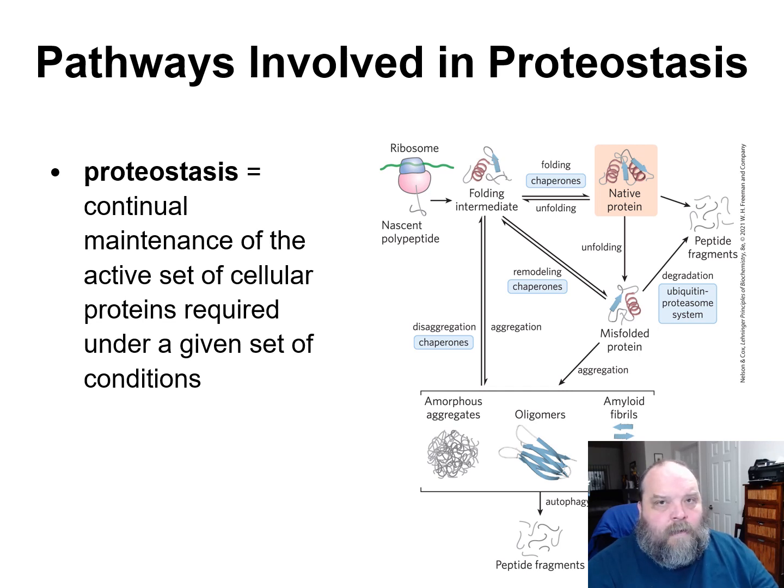Now, there's many ways that a protein, or polypeptide, can be folded into the correct shape. More often than not, as it's coming out of the ribosome, as you see up here in the top left, it's just going to start its own folding.